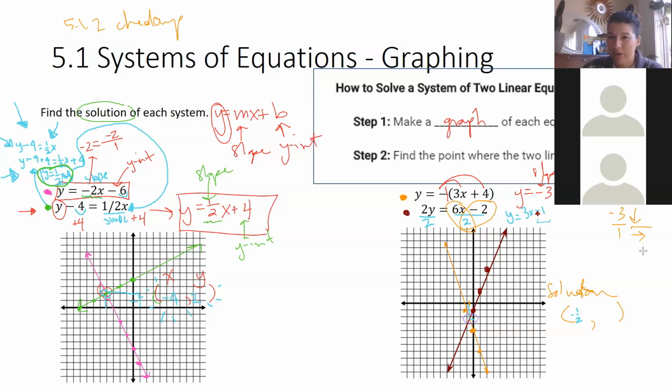So we are now going to figure out how to do this with algebra so we don't have a situation where we have to estimate what the solution is. Okay, we're going to figure it out exactly. All right, questions on this one, 5-1? So graphically, where the lines intersect, the secret sauce for this is make sure your equations are in slope-intercept form so you can graph. All right.